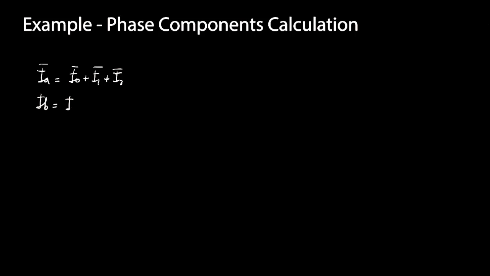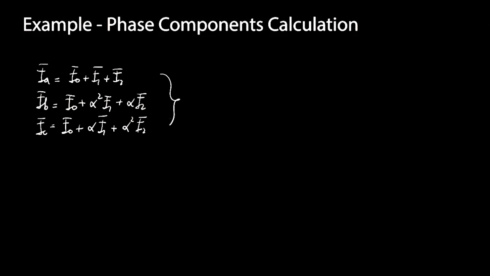IB would be equal to the zero sequence current I0 plus alpha squared I1, the positive sequence current, plus alpha I2, and then lastly IC would be equal to I0 plus alpha I1 plus alpha squared I2, and these again are all phasors.